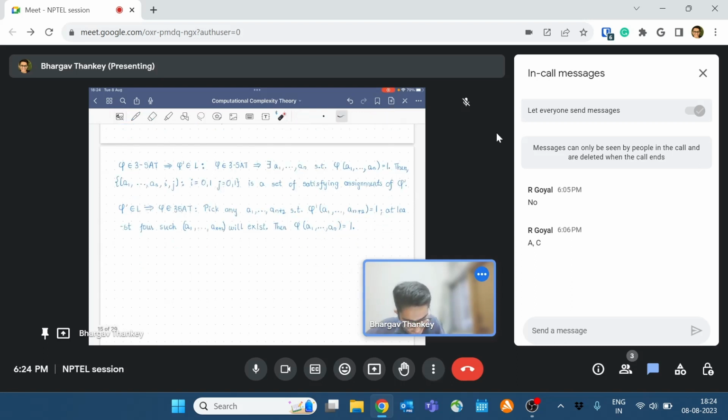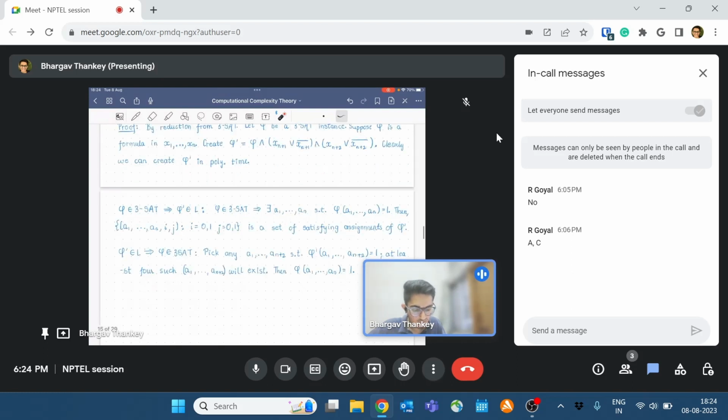So phi of A1 up to A(N+2) is equal to phi of A1 up to AN because phi does not contain x(n+1) and x(n+2), right? Whether you plug them in or don't plug them in doesn't matter. So this must be true, and so phi of A1 to AN must also be true. Is this fine?